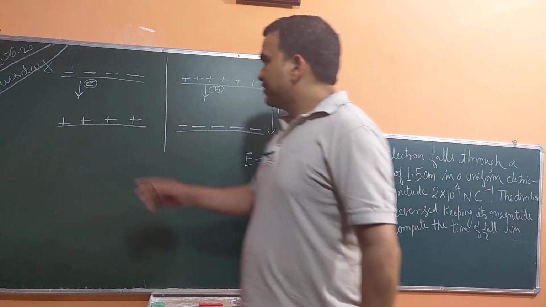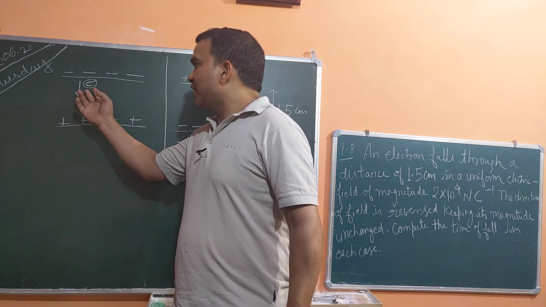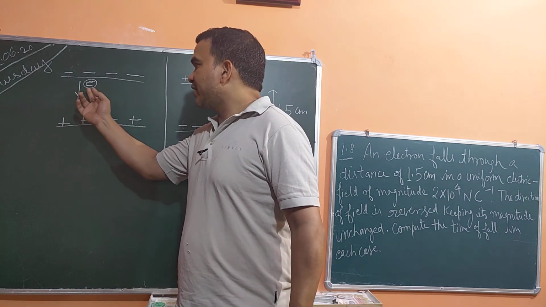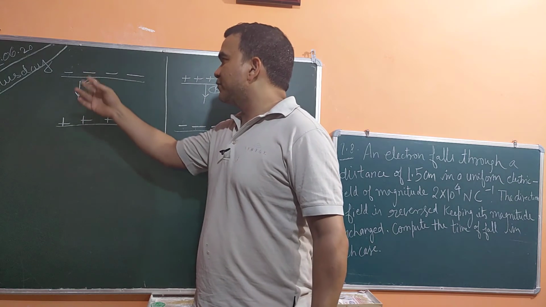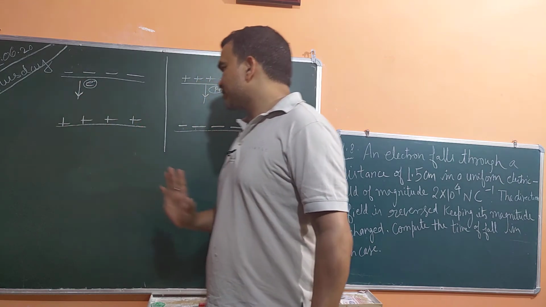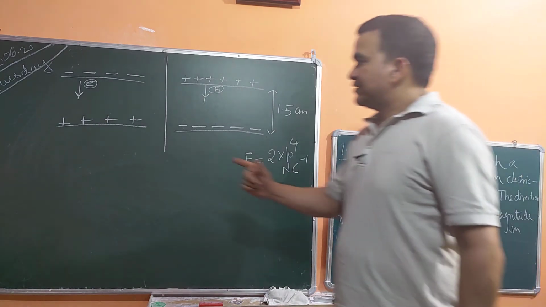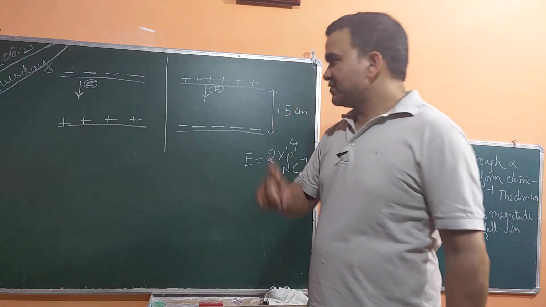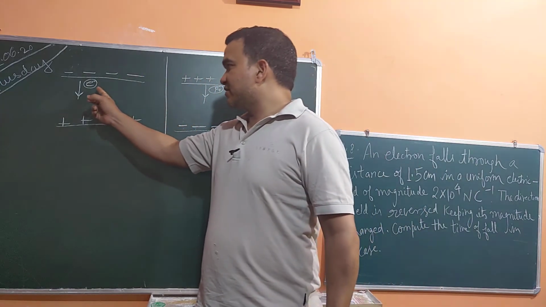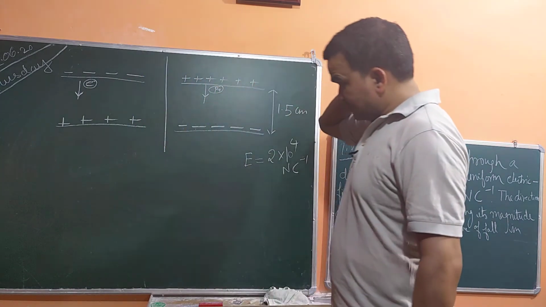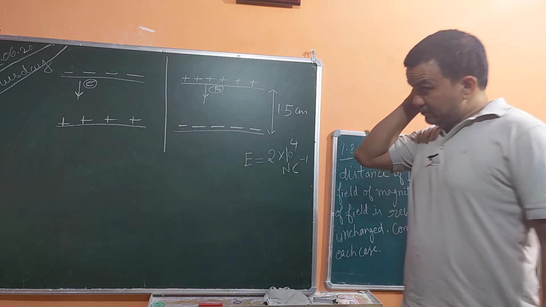And if the charged particle is negative, then the direction would be from negative to positive side. So these are the two cases. In the first case, the charged particle is an electron, and in the second case, the charged particle is a proton. All right.